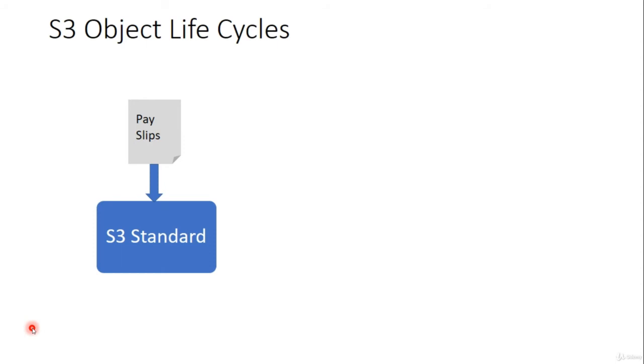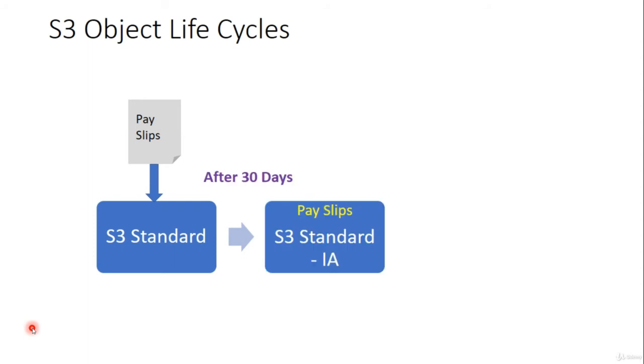Then, after 30 days, for cost saving, we can move these payslips from Standard to, say, S3 Standard IA, that is infrequent access. So if you have noticed, we have uploaded to S3 Standard, and then after 30 days we have moved it to S3 Standard IA.